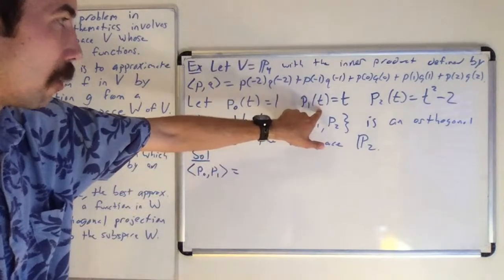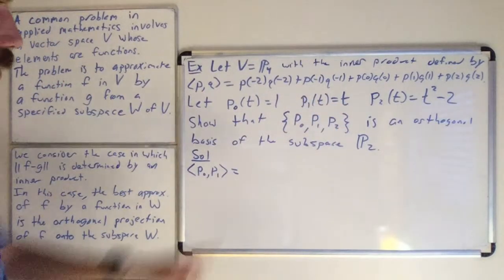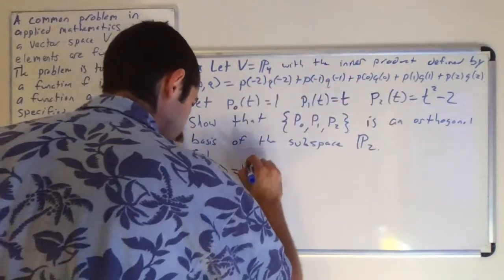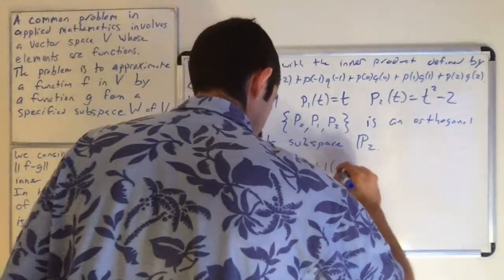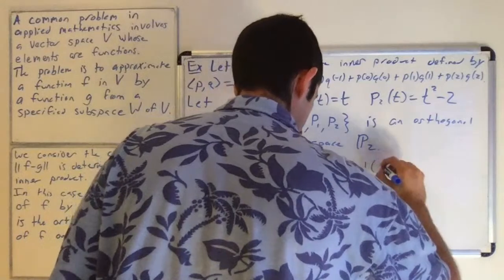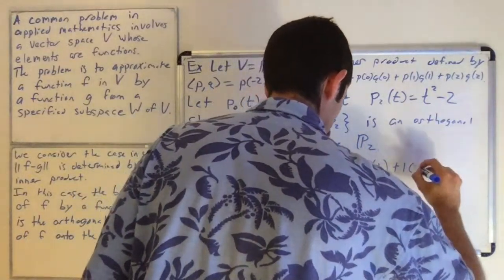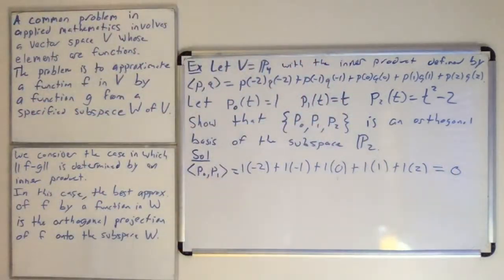And P1 is the polynomial t. So it'd just be -2, -1, 0, 1, and 2. And when you add all those up, you get 0.